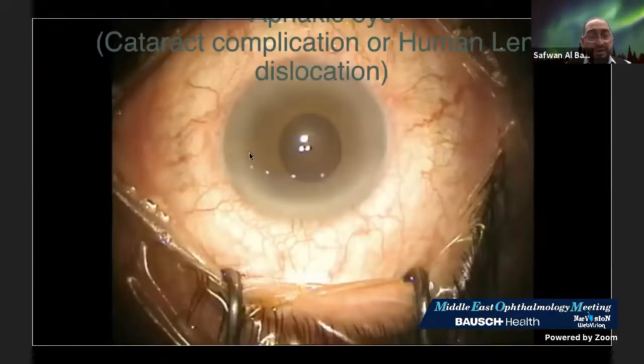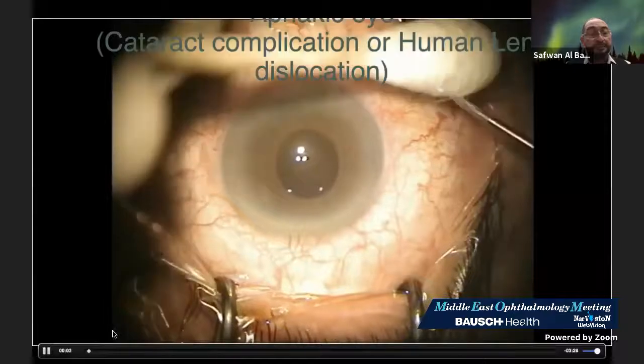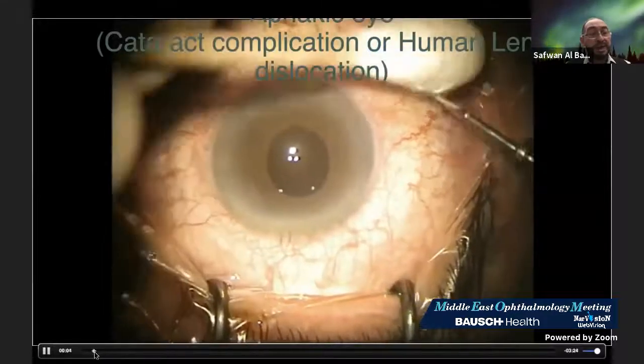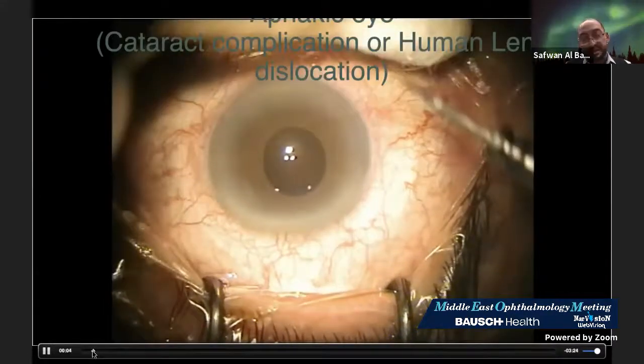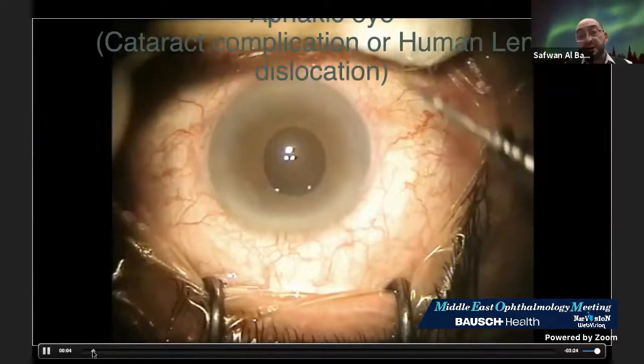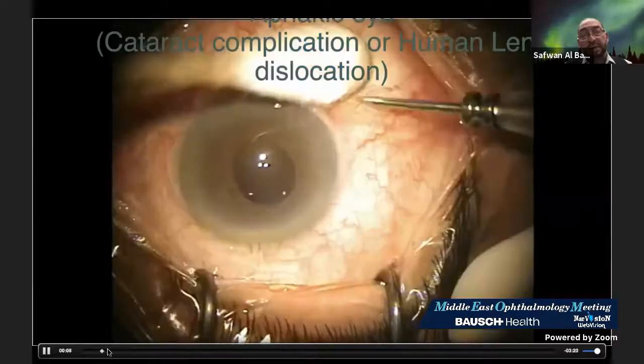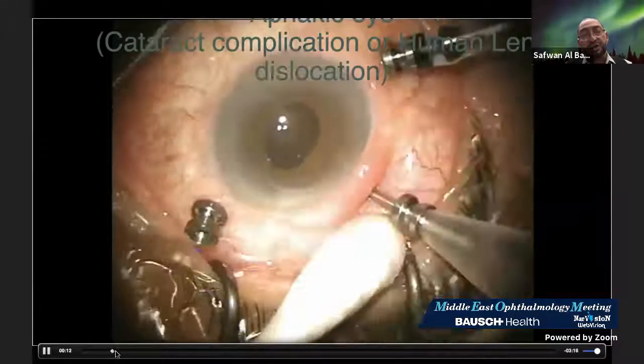Now, if we go to the surgery, here I will try to grasp and see. In this case, I used vitrectomy because the case presented with a cataract complication and lens matter was in, so I used the 3-port entry. I will go through slowly here just to show a few tips.